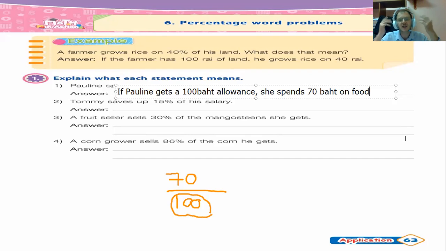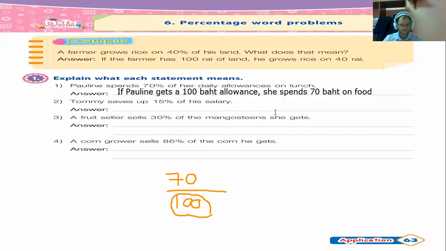Now, I do not expect you to answer these questions perfectly from the beginning, because we'll need to practice them. They take a little bit of time to practice and to also think about how we can write the answer. Sorry, I said food.